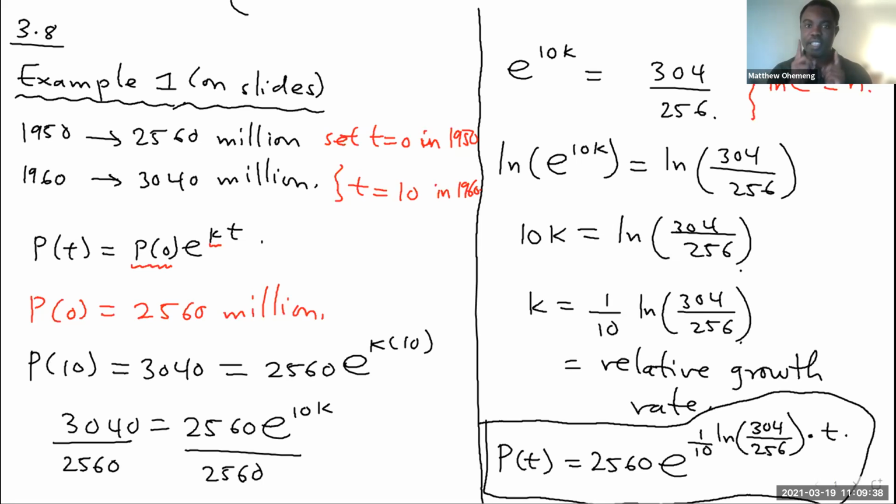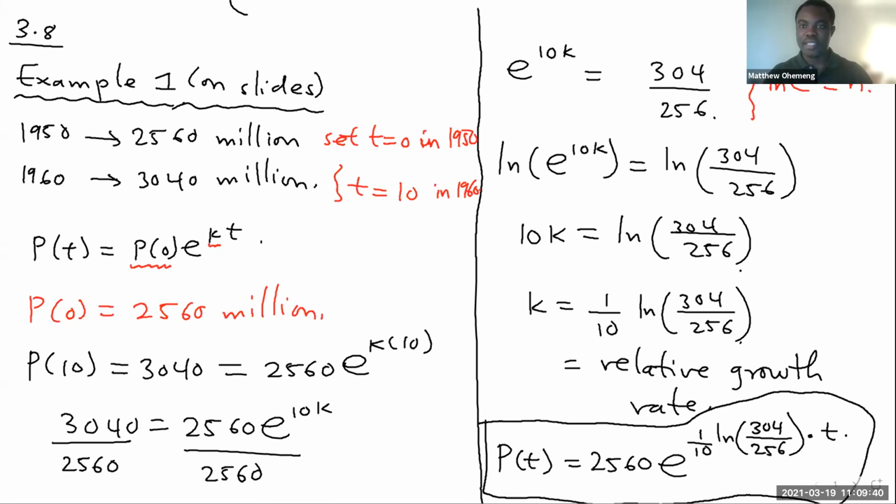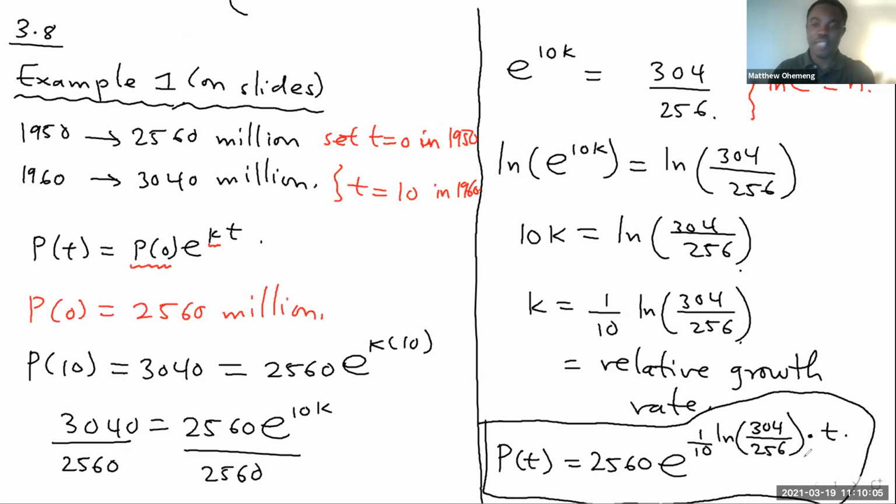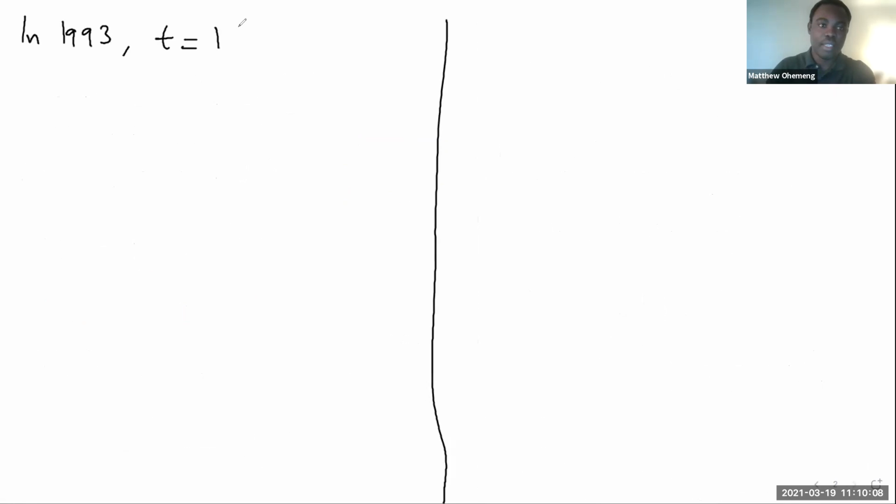Don't forget that t is 0 in 1950. Anybody wants to try? What do you think? Oh, yeah, so the base here is 1950. Perfect. So t is going to be 1993 minus the base year, which is 1950. So that would be equal to 43, right?